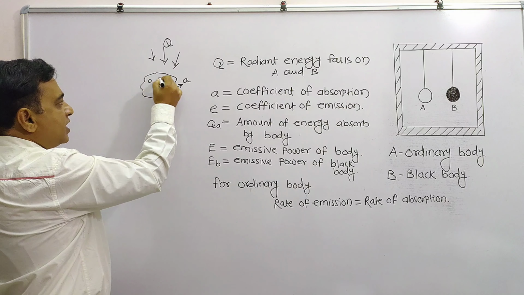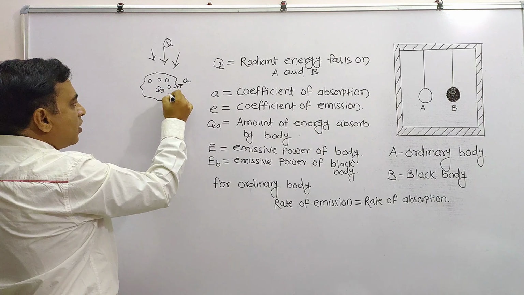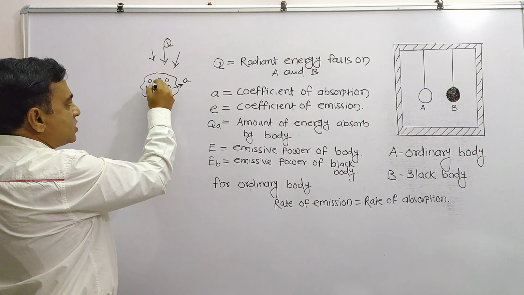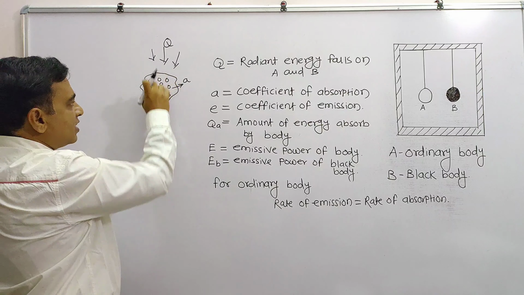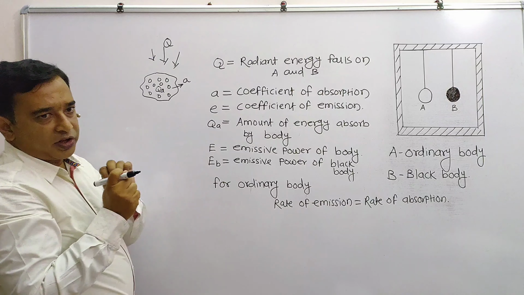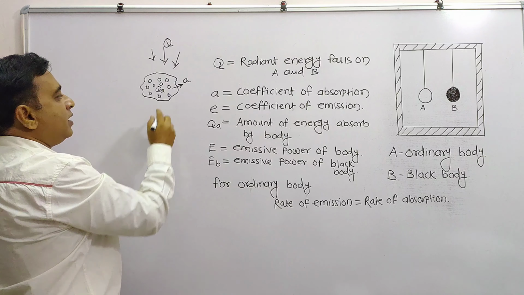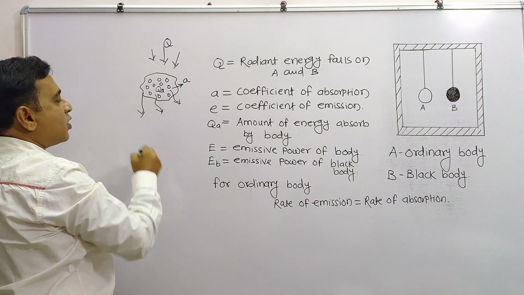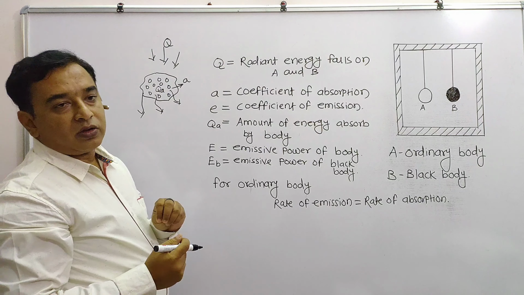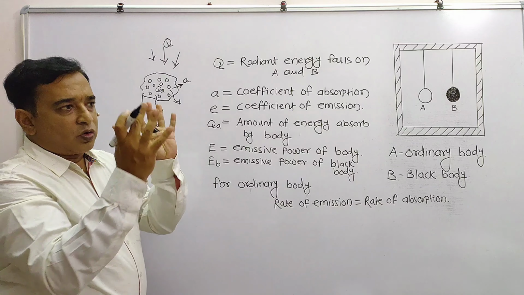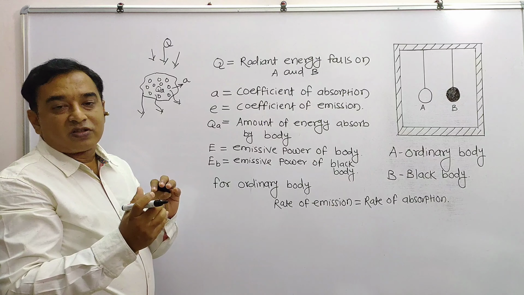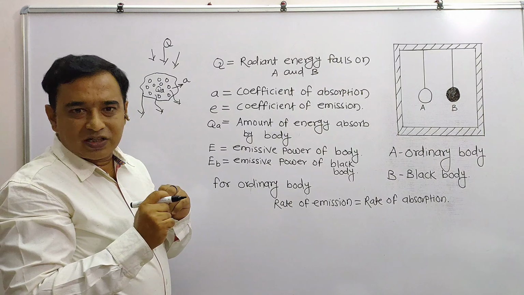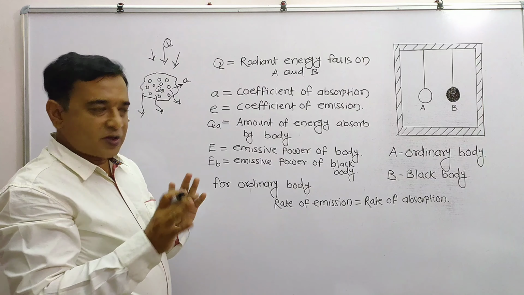The energy is absorbed in the form of packets or bundles of energy, or photons. This is the energy collected by the ordinary body. After collecting, it will start emitting energy, because it is not a black body, which totally absorbs all the energy. Of the total energy falling on the surface of any body, some is reflected, some is absorbed, and some is transmitted.